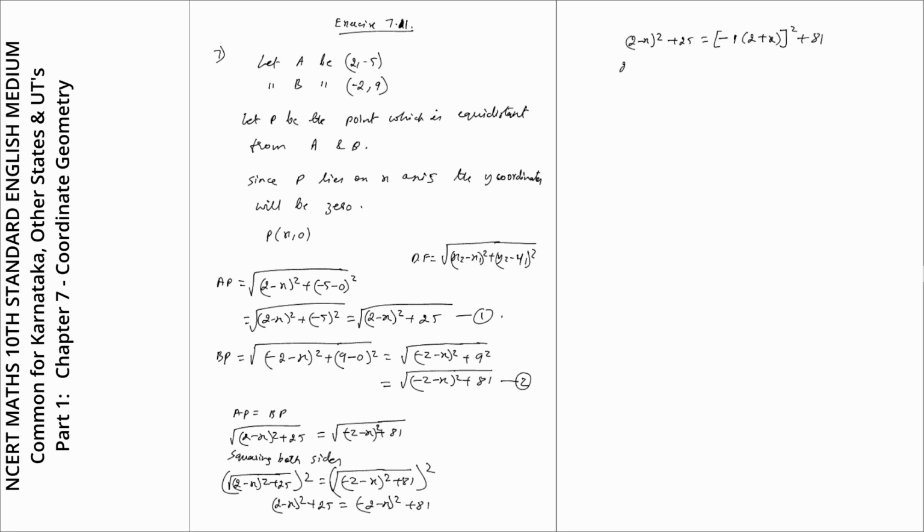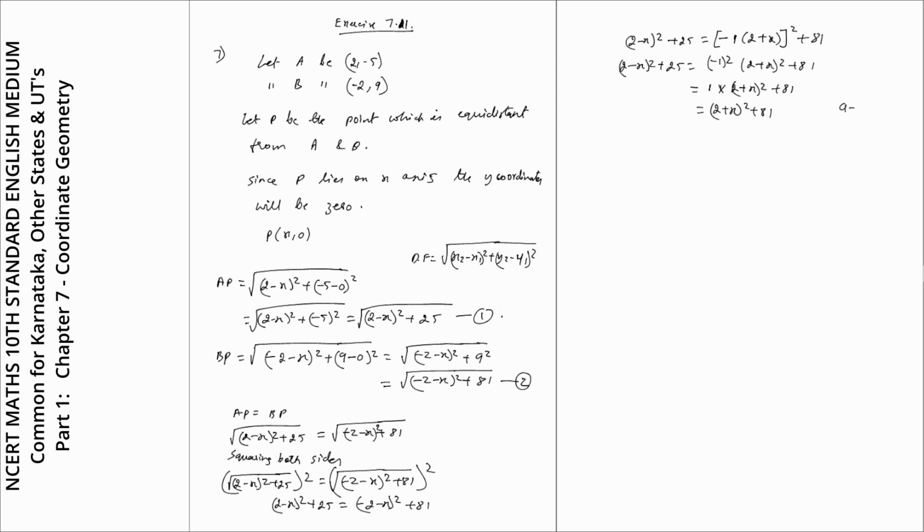Now I can write this as (minus 1) the whole square into (2 plus x) the whole square plus 81. Now the right hand side, (minus 1) the whole square is 1 only, so 1 into (2 plus x) the whole square is (2 plus x) the whole square only, plus 81.